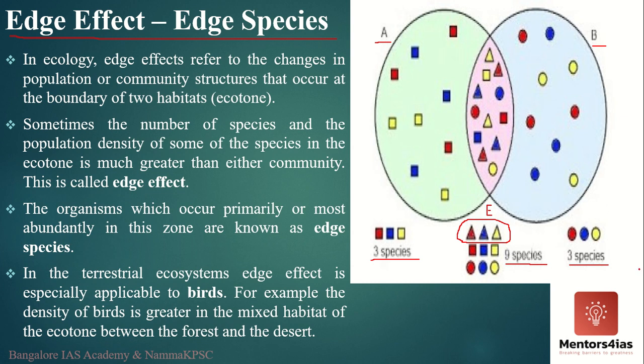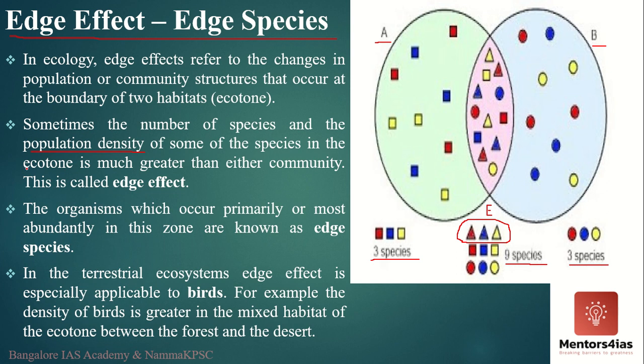So I did tell you that the ecotone may have greater biodiversity, it may have greater productivity, and the ecotone, due to its intersection, due to the certain qualities it brings in, may have species which are not found in the adjoining ecosystems. So I'll just repeat myself over here. Sometimes these species will have a greater population or population density in the ecotone than in the ecosystem itself.